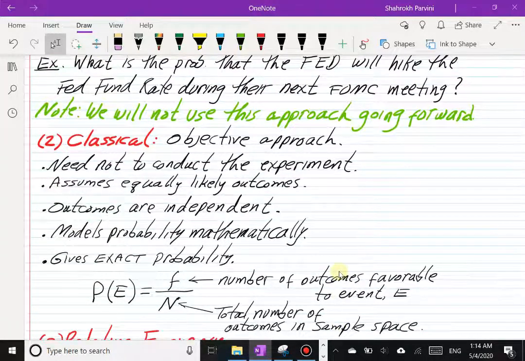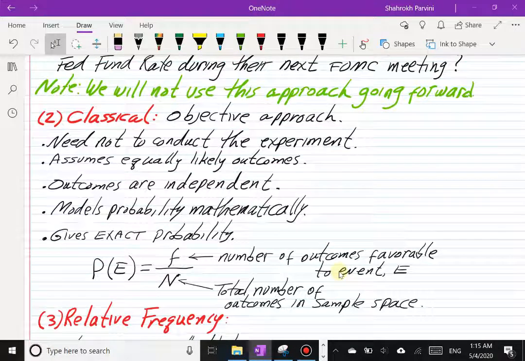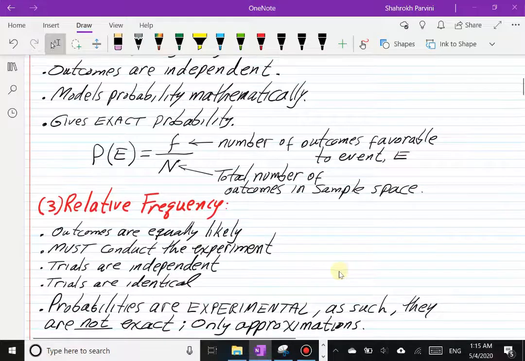Now, again, the reason I'm not spending too much time on this is because going forward, we're not going to be doing probabilities using these methods. We actually use the next approach, which is based on data. So our next approach to probability is the relative frequency concept of probability. And here are, again, the bullets.